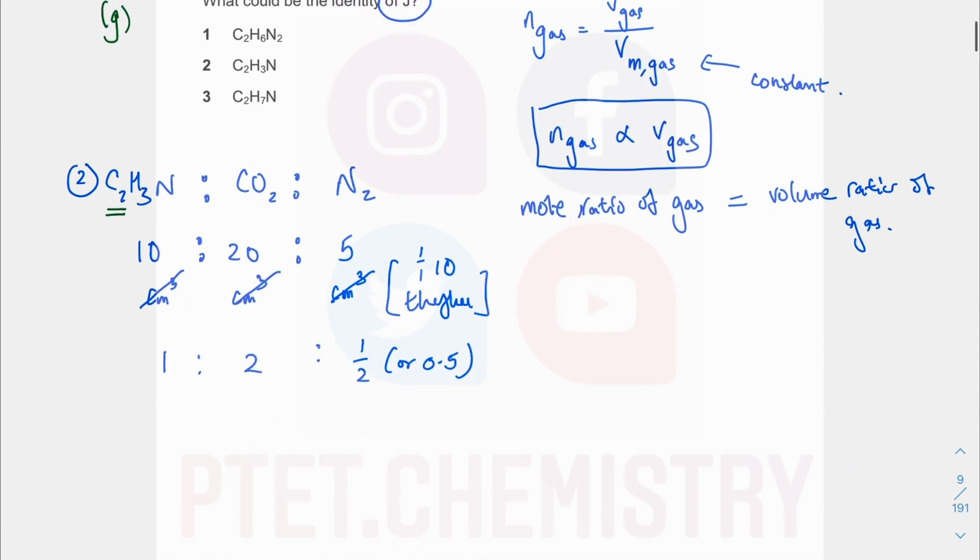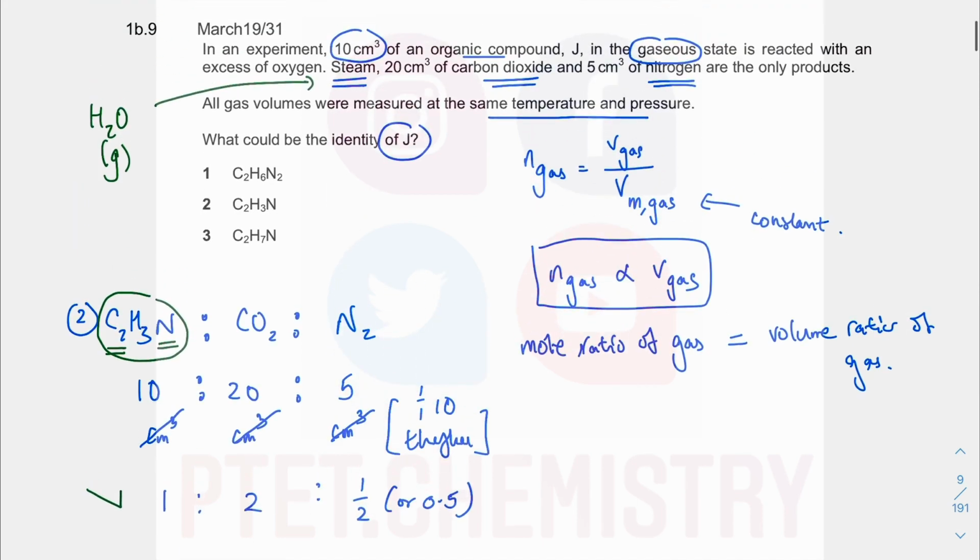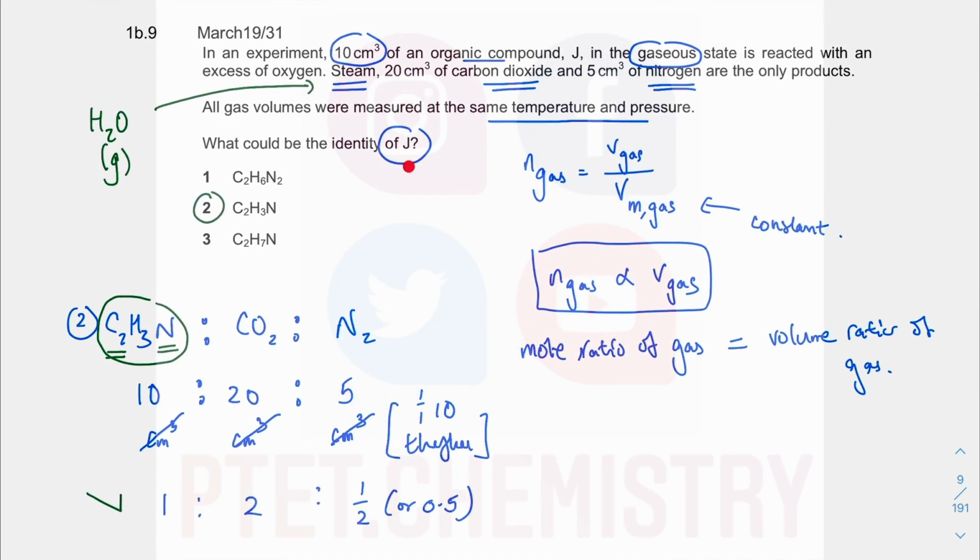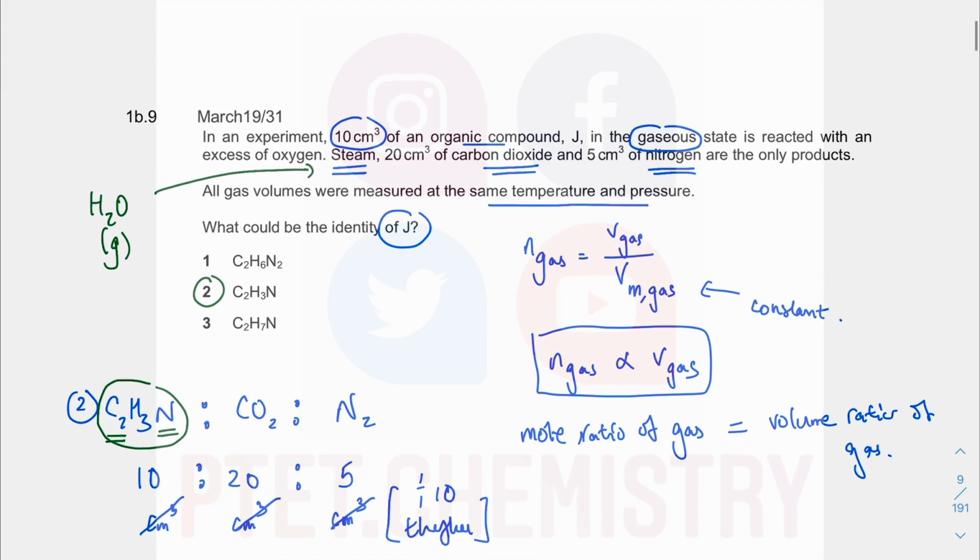Remember, 1 mole of this has 2 carbon atoms, so 2 CO2. It's got 1 nitrogen atom, so that's why this is a molecule. 1 over 2 times 2 will give you 1 mole of nitrogen as well. So this satisfies the relationship for the formula given. So number 2 is actually correct. It will give you whatever volume that's stated, all right?